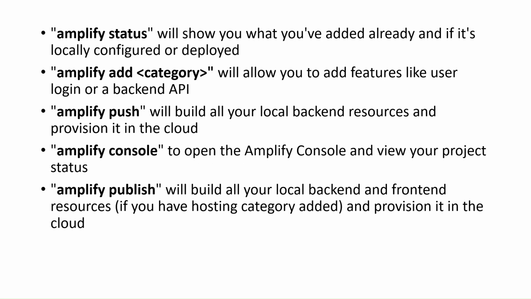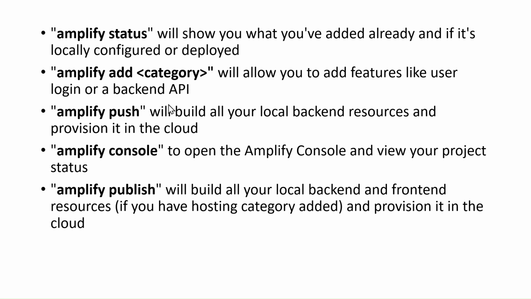Fine. So here we have a few commands. If you want to check the status of your Amplify, where it is and what progress it is making, just type amplify status. It will show you what you have added already, and whether it is locally configured or deployed; the current status will be deployed.